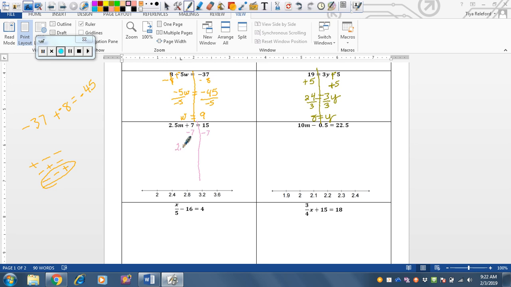I have 2.5m because these cancel out. 15 minus 7 is 8. So now I'm going to divide by 2.5 because that's step 2. These cancel out. I'm left with m equals whatever 8 divided by 2.5 is.